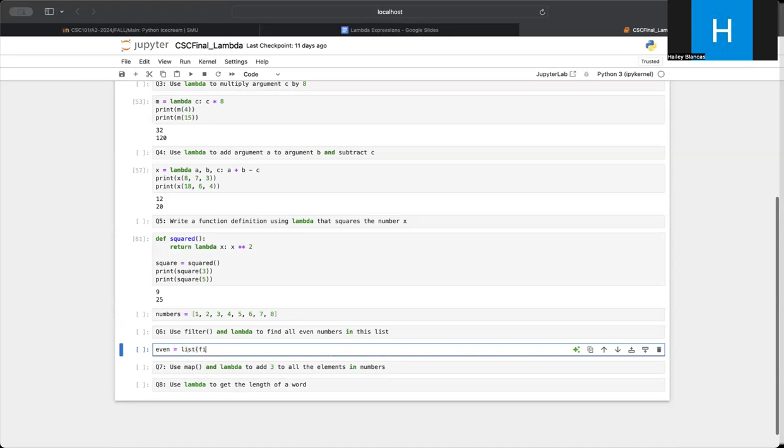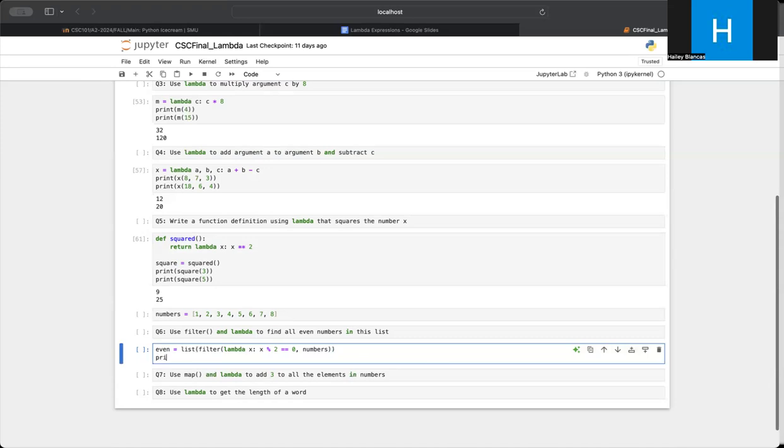Then we're going to write filter, because it says to use filter. Then we'll do the same thing we've been doing. So Lambda x to represent the numbers, and then we want if x divided by 2 is exactly 0. This means that if the number is divisible by 2 with no remainder, it will be added to the list even. And we are taking these numbers out of the list numbers, so we add numbers at the end.